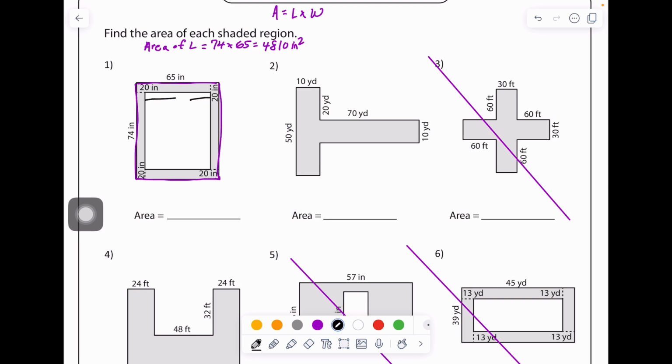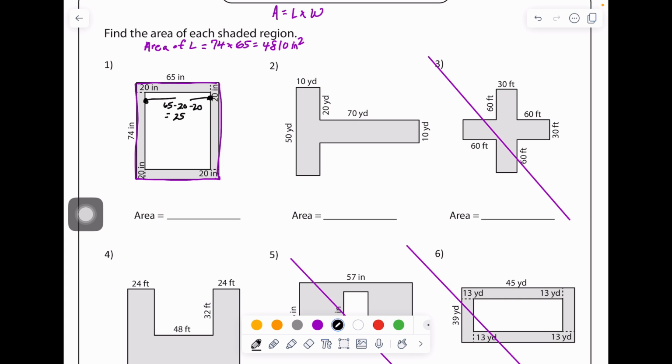So the length of this segment inside is 65 minus 20 minus 20. The two pieces that are shaded on the end have to be subtracted. That would leave us with 25. So it's actually 25 across from this measurement over here to this one.